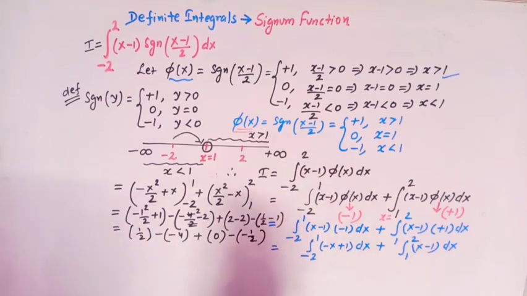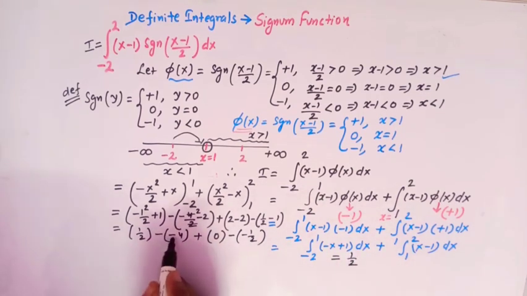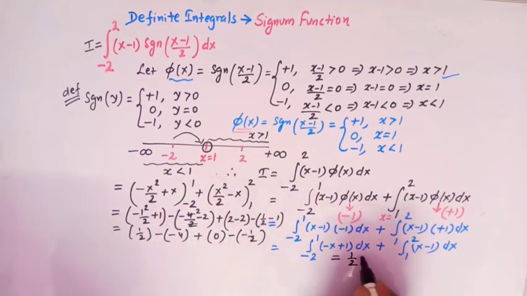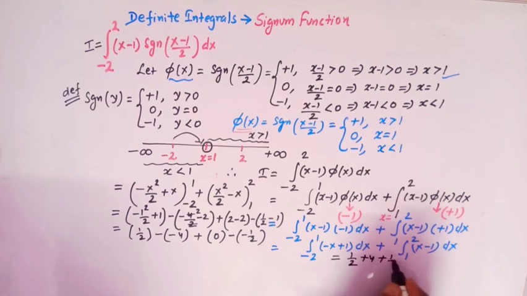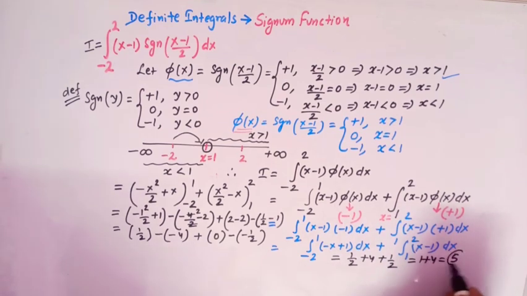Now we can simplify it. We have half minus minus 4, which is plus 4, and here we have plus half. Half plus half is 1, and 1 plus 4 is 5.